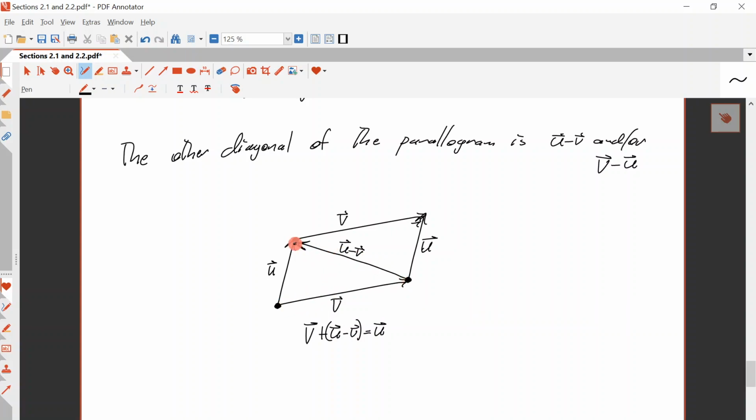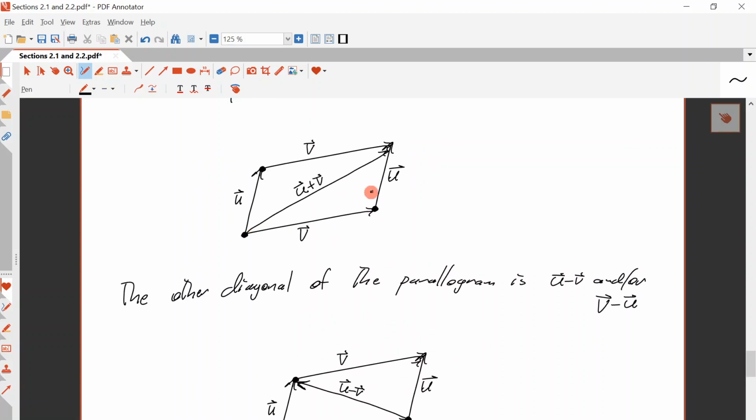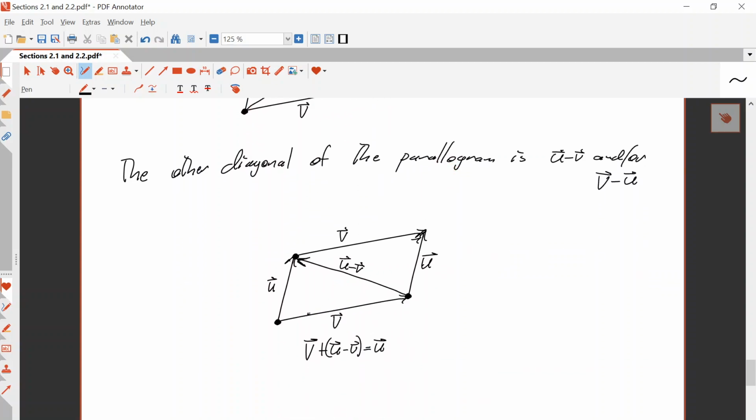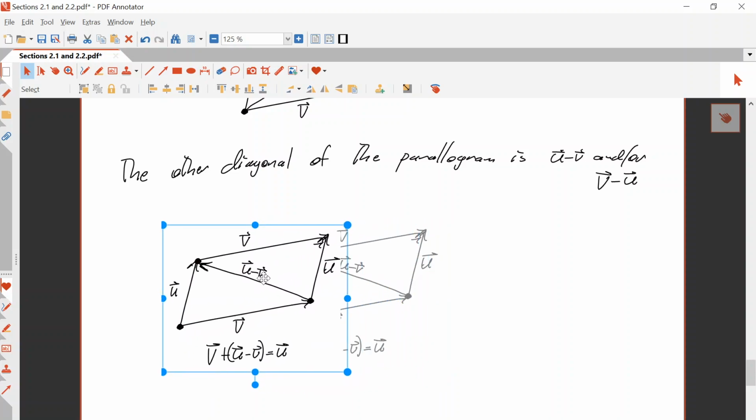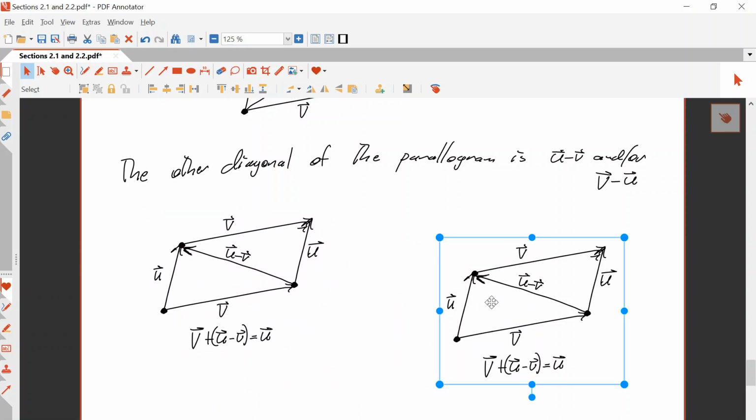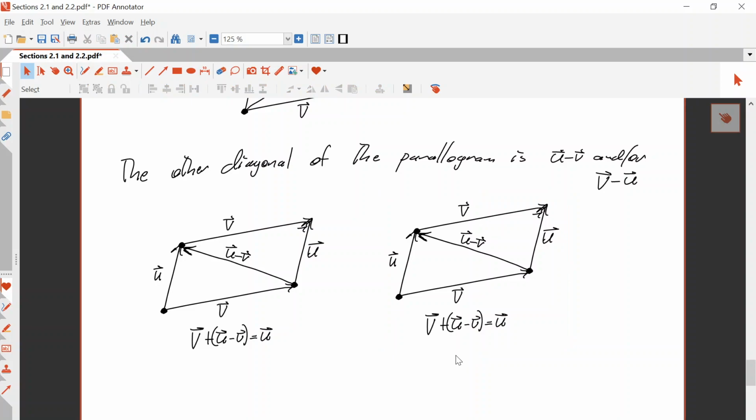So this plus this must equal this. This plus this, by definition, is the completion of that triangle, the third side. One side of the triangle, two sides of the triangle, third side is the sum. Well, here we're doing the same thing. One side of the triangle, two sides of the triangle, their sum must be u. So this side must be u minus v. So that's if you draw it in that direction. If you draw it in the other direction, it's v minus u. You flip it around.